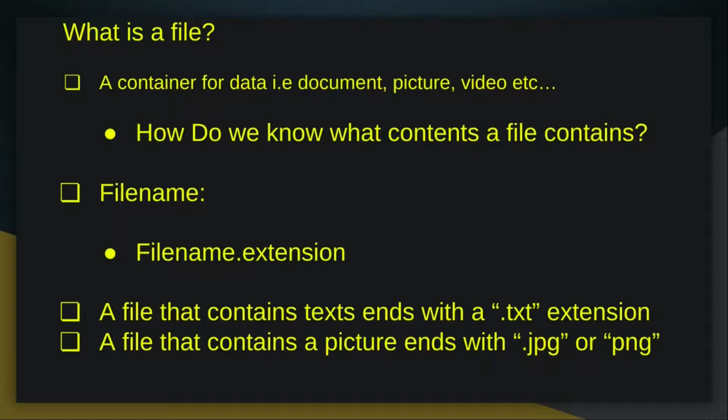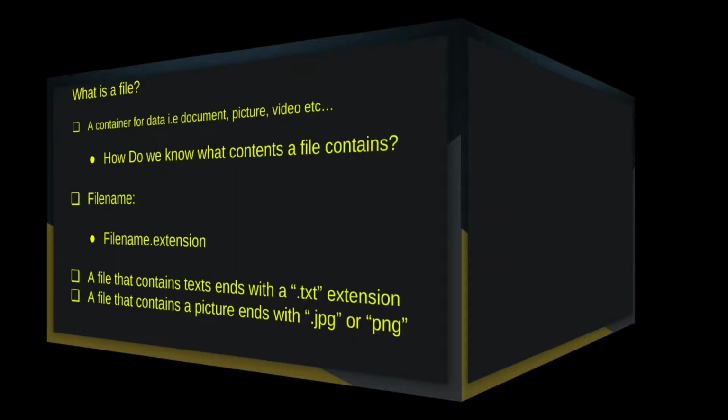It depends. Last but not least, which I see I don't have on my slides, is a video. It may have an mp4, mkv, or AVI extension. So there are various extensions, just like with pictures. I just chose the most popular ones, which are JPEG, JPG, and PNG, right?